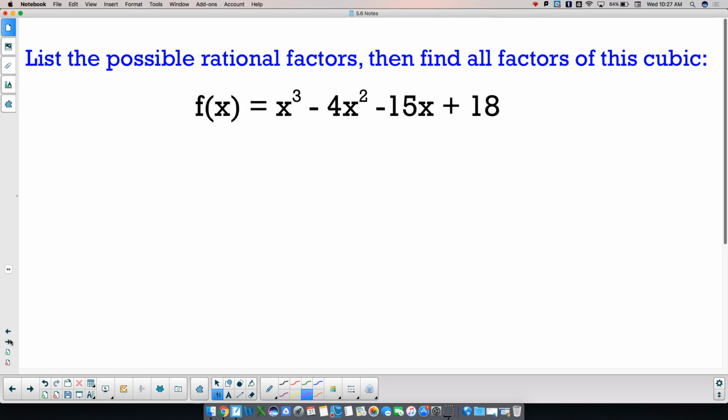So, step number 1 says, make my list. First, I'm looking at factors of what? 18.